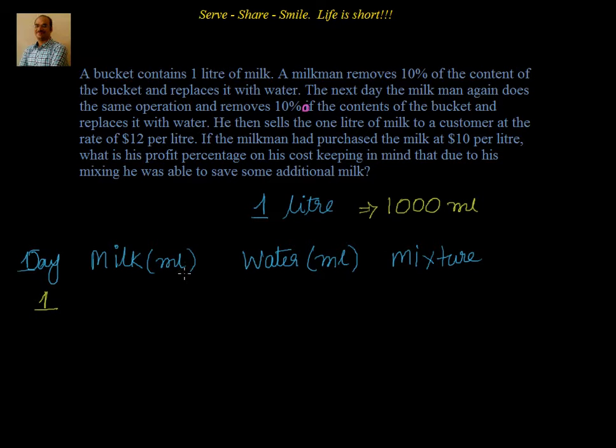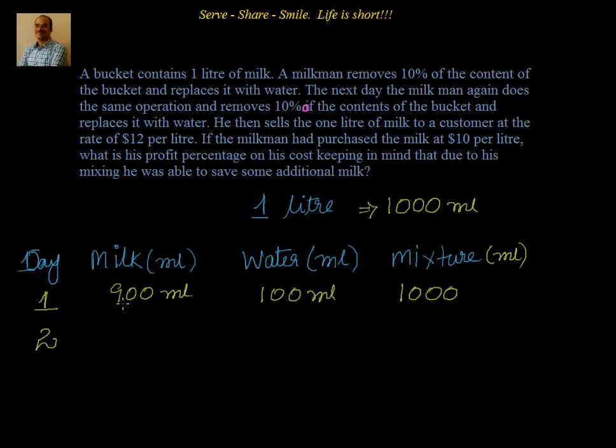He has removed 10% of the content. That means 10% of the milk is taken out, so it will be 900 ml only now in the bucket. To make it 1 liter, because it should always be 1000 ml, he added 100 ml of water. Day 2, again he removed 10%.